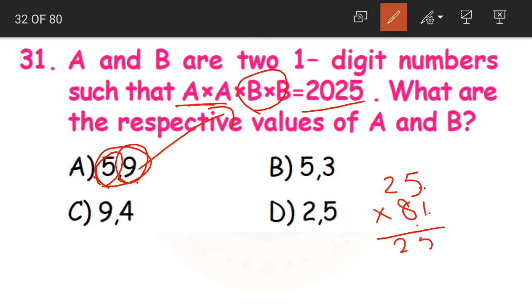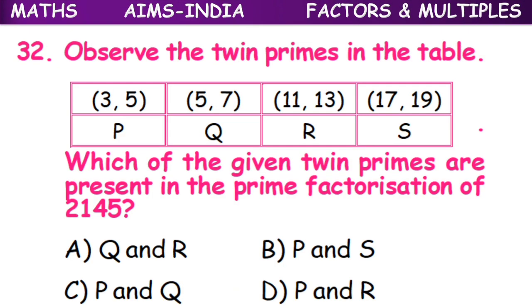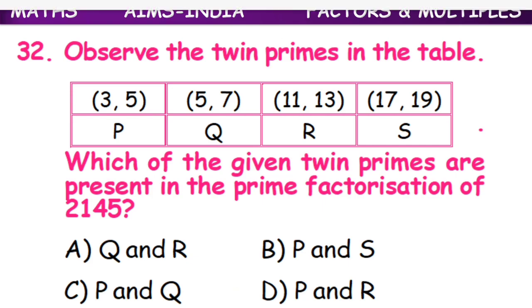First 25 ones are 25. Next putting 0 here. 8 5s are 40. 8 2s are 16 plus 4 20. Yes children, 2025. Yes, we got our answer for the first option only. So option A becomes our correct answer. Okay. You know how to multiply, right? So I did not explain it clearly.